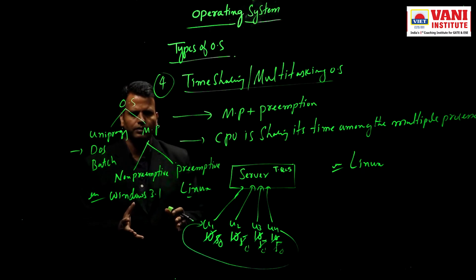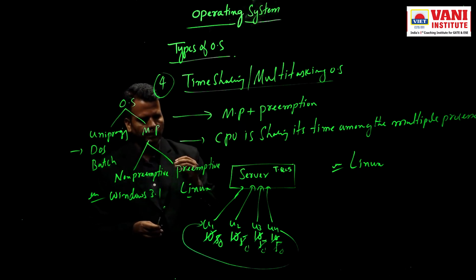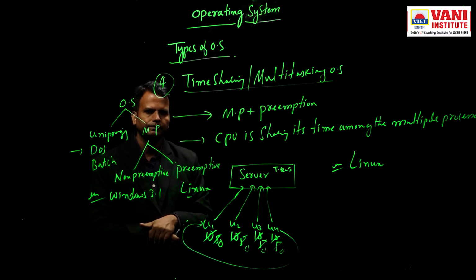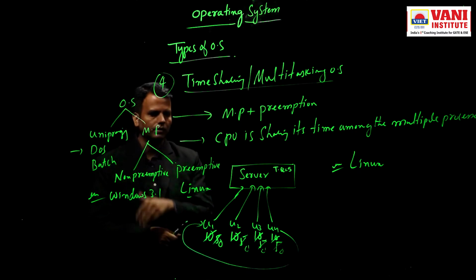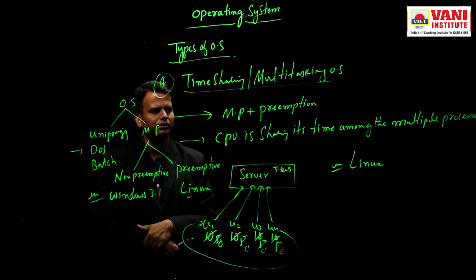Till now, whatever we have discussed, you need to keep some points in mind. The main thing is that in all four operating systems, we are comparing whether the CPU is busy or not. Initially we saw that the CPU remains idle. Later we designed the multi-programming approach, and the extension of the multi-programming approach is the time sharing operating system.